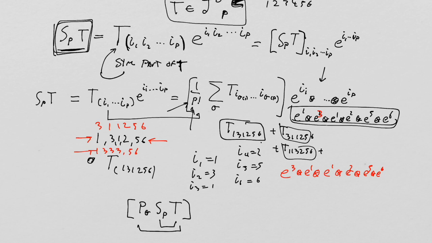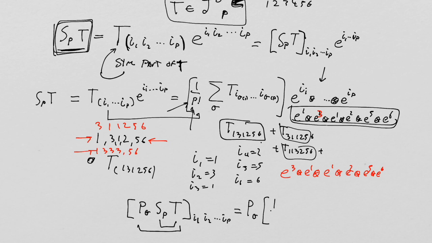So whatever this is, it will have p indices, I1, I2 to IP, and those indices will be the sigma operation acting on the sum that we just calculated, right?